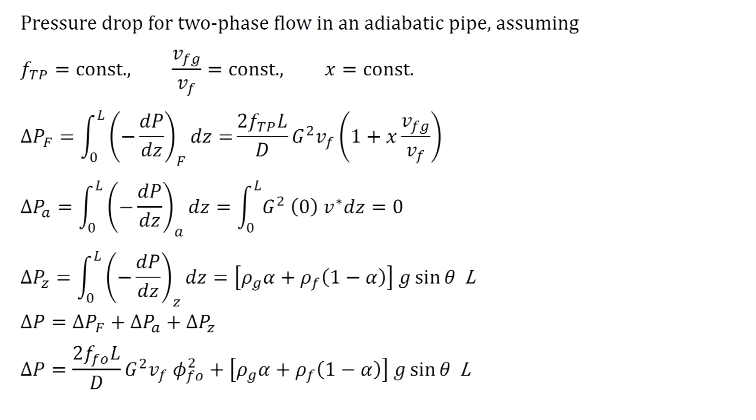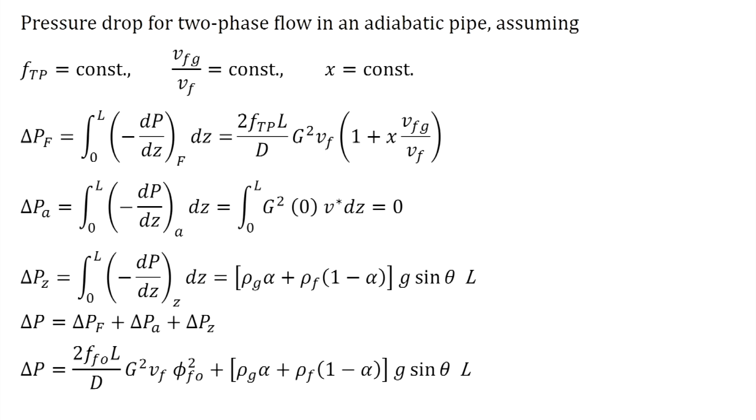So, now consider an adiabatic pipe and assume ftp equal to constant, Vfg by Vf equal to constant, and x will be constant in this case. So, delta Pf will be equal to 2 ftp L by d g square Vf (1 plus x Vfg by Vf).